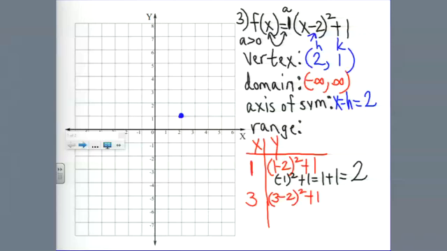And when we plug in 3 for x, inside the parentheses, 3 minus 2 gives us a positive 1. And we're squaring it. And when we do the proper order of operations, we still end up with positive 2 for y.